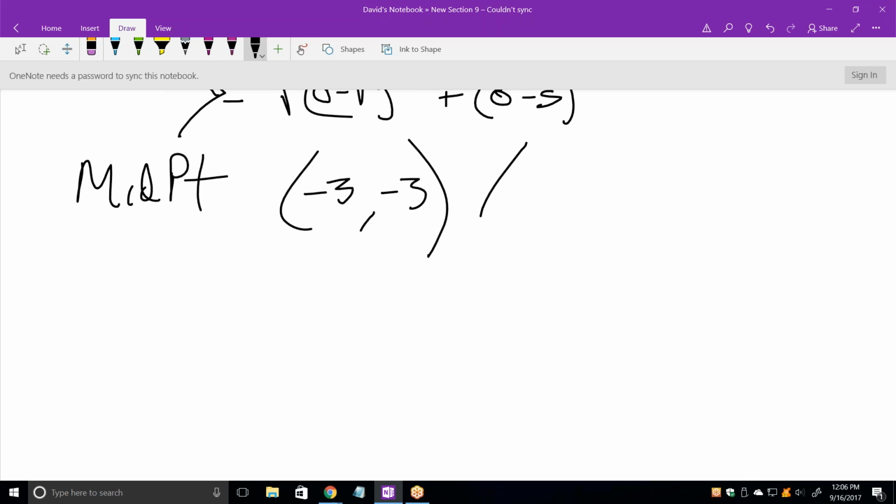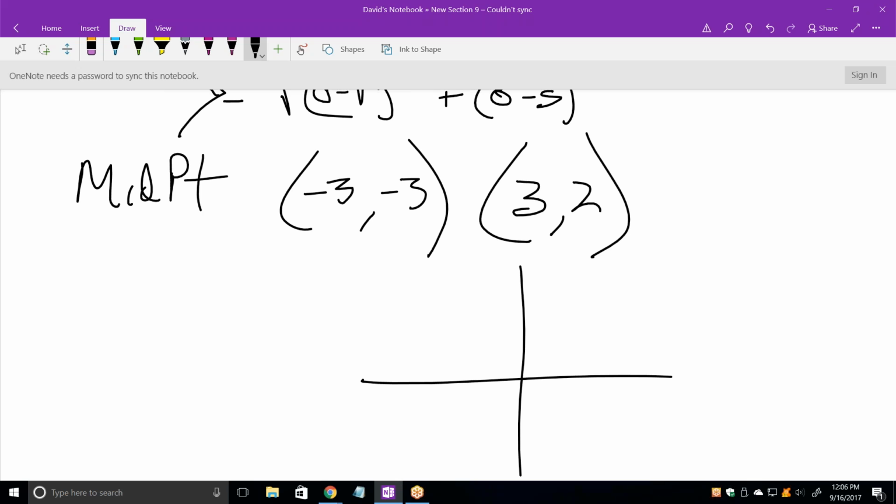Okay. This is a lot easier. I'm going to graph it. There's -3, -3. And there is 3, 2. So they want the point that's right in the middle. Well, work with each variable separately.